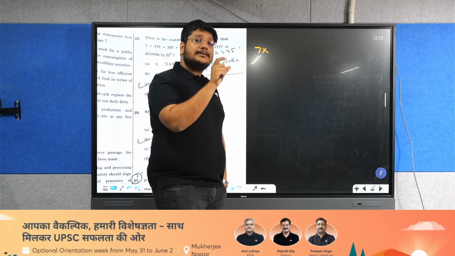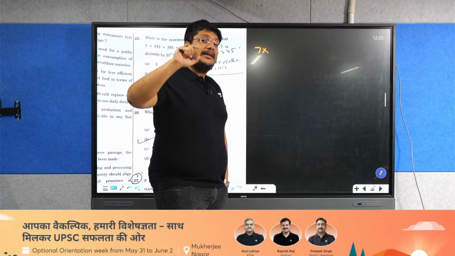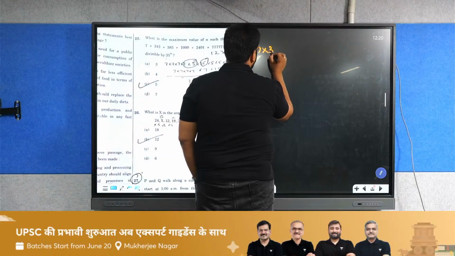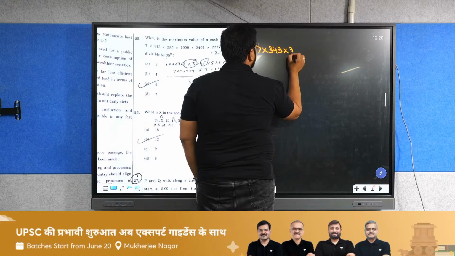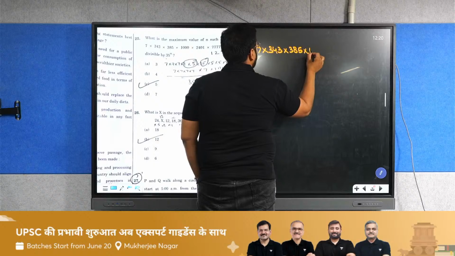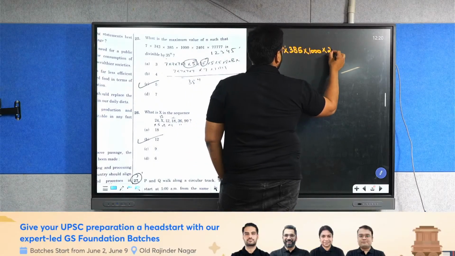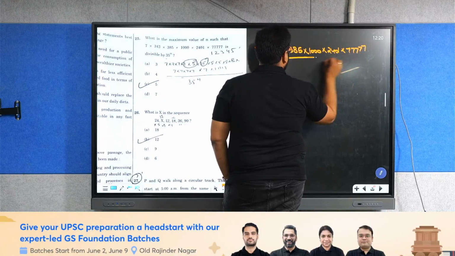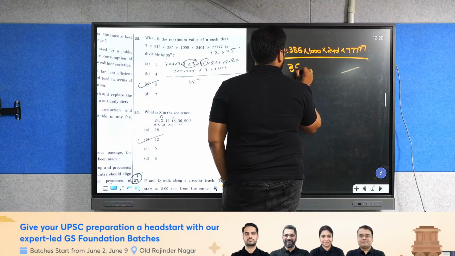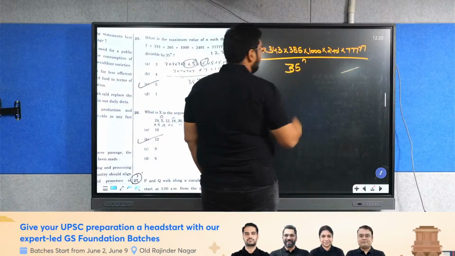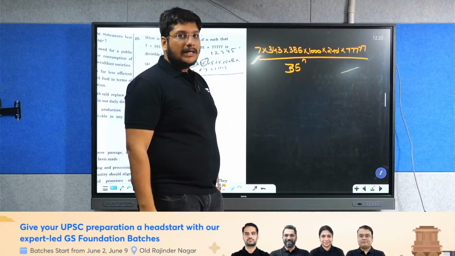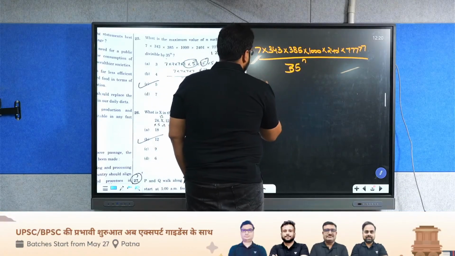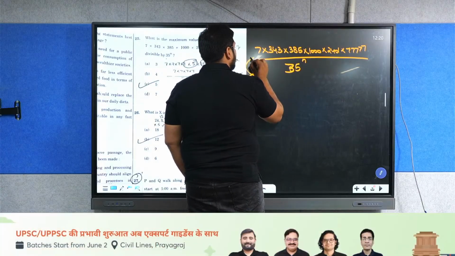Here they are not asking us 2 into 5 pairs, they are asking us 7 into 5 pairs. Done the same type of questions in the class, yes or no? We just have to find how many 7 into 5 pairs I have in the numerator.